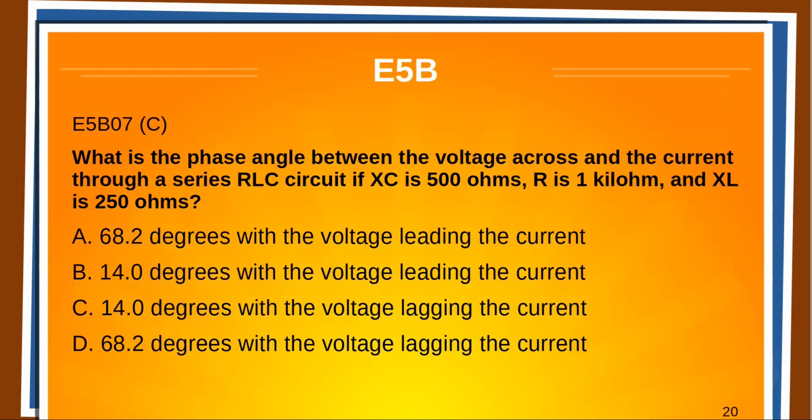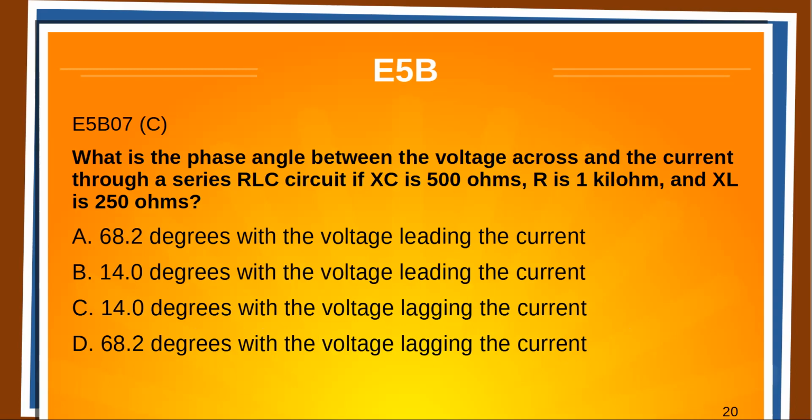So first you have to figure out what the effective reactance is. Capacitive reactance is 500, inductive reactance is 250 ohms, so the net circuit is capacitive. And what's the sign? The sign would be negative. So we have 1 kilo ohm resistance and minus 250 ohms reactance.